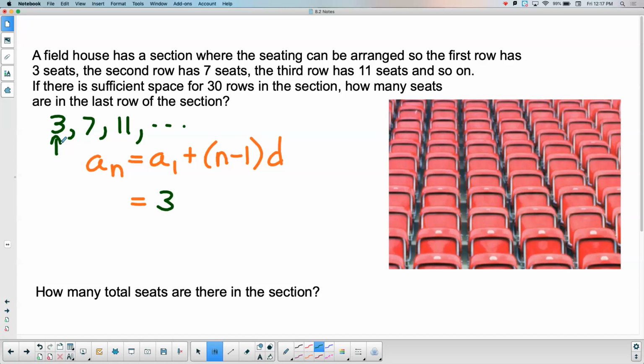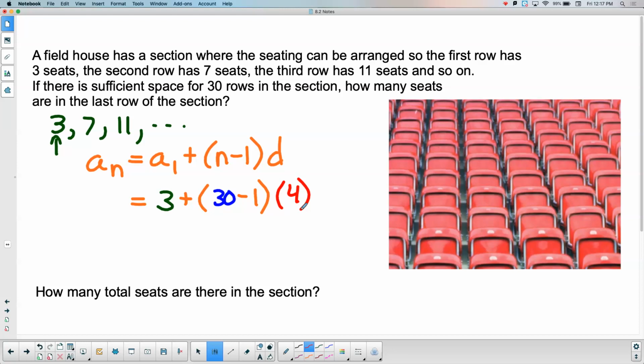Plus, how many rows am I trying to find? 30. Common difference d? 4, because we're going up by 4 every time. Well, what is 30 minus 1? 29.